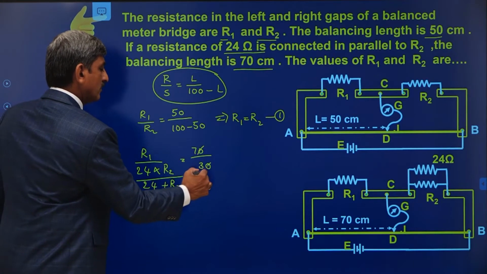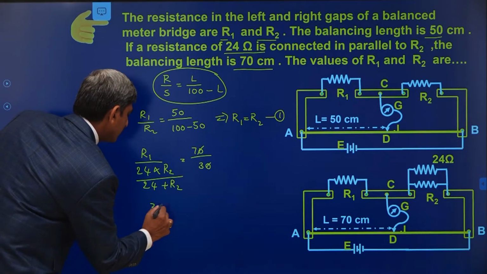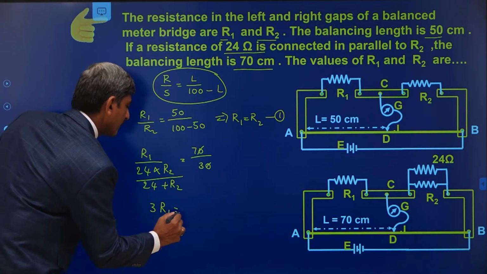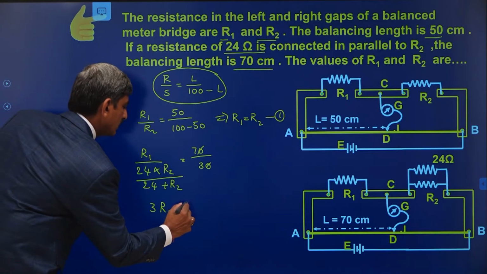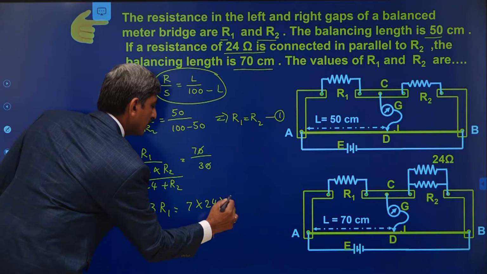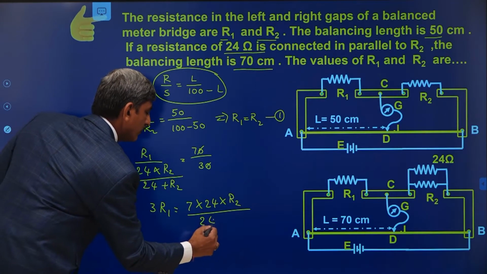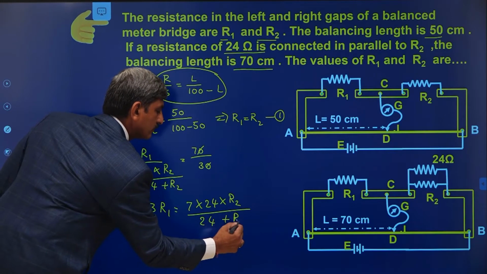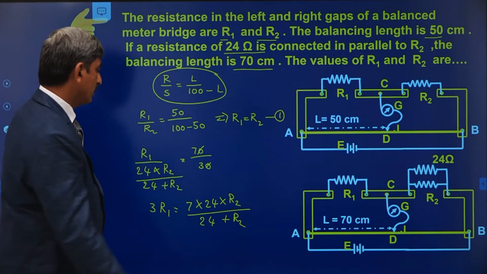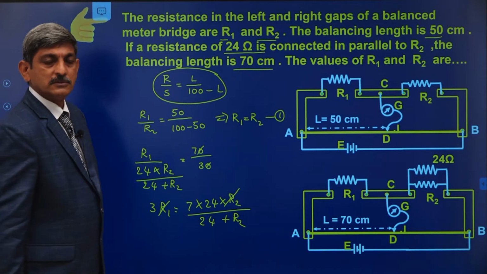Now, by cross multiplying we have 3R1 is equal to 7 into 24 into R2 divided by 24 plus R2. Here, this R1, R2 are cancelled.